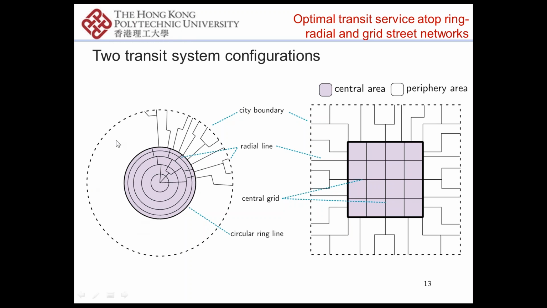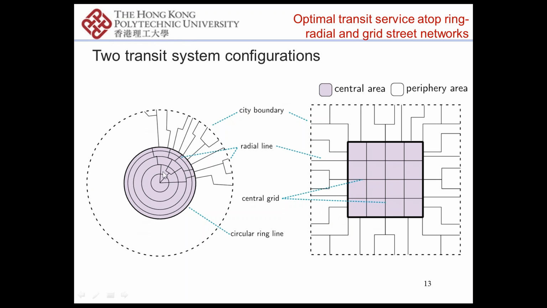So for simplicity, we will explore circular cities for the ring-radial systems or square cities for the grid systems on the right. And we assume for now that the transit lines can be laid out anywhere within the circle and the square city. So this slide depicts two optimal configurations for two specific cities. Note how in the figure, both transit systems have a purple central area with two sets of orthogonal transit lines.